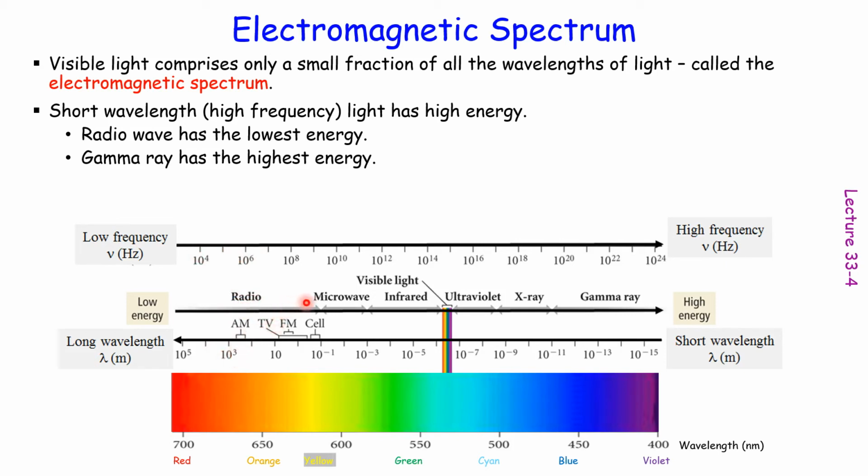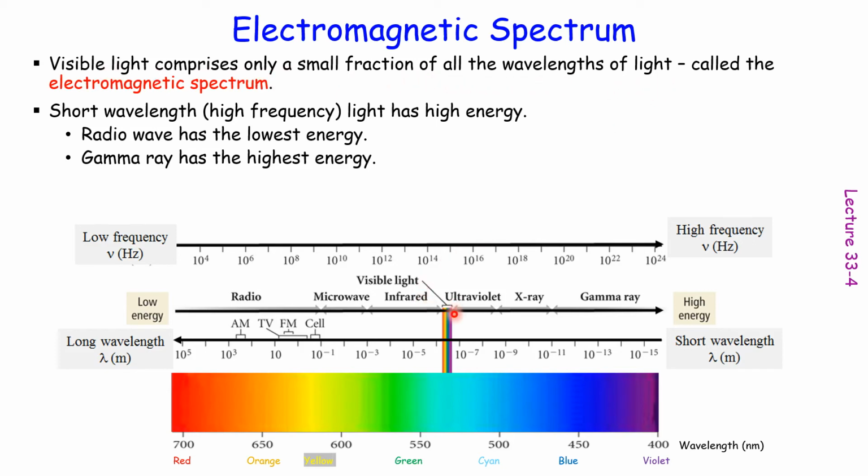And then the energy increases from the radio frequency region to microwave, then infrared or IR, then the visible region. Now you understand the visible region comprises only a very small fraction of all wavelengths of light.